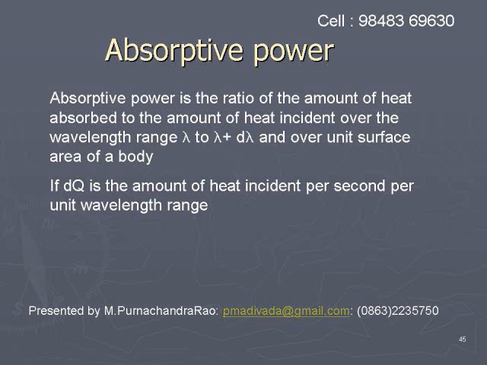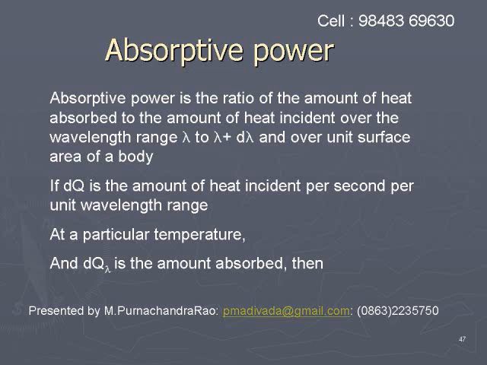If dq is the amount of heat incident per second per unit wavelength range at a particular temperature, and dq lambda is the amount of heat absorbed, then absorptive power A lambda is equal to dq lambda by dq.